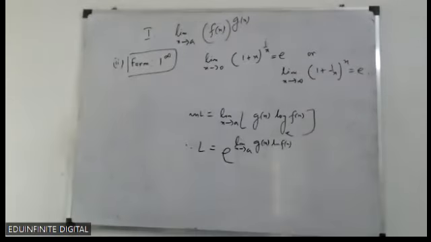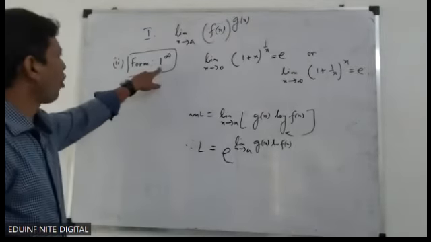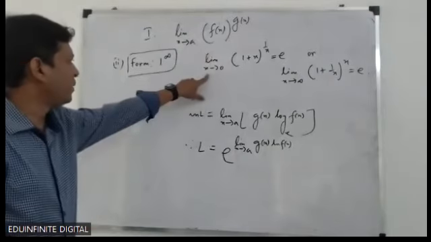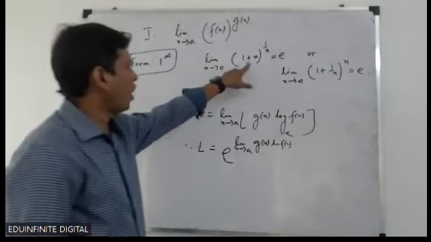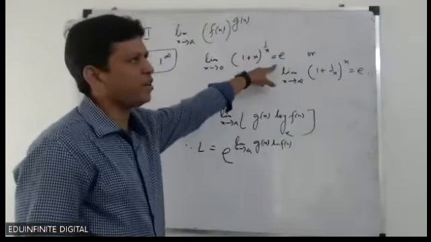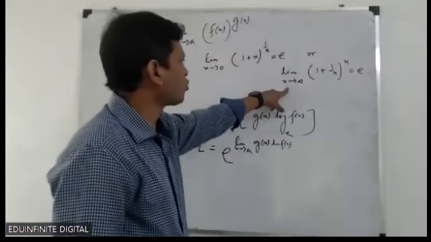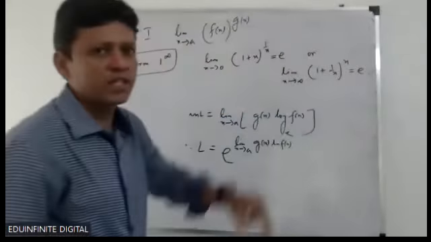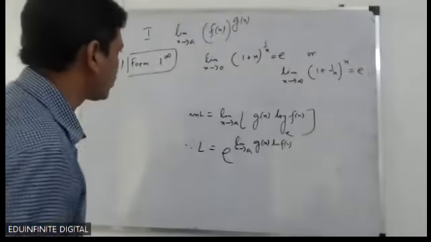These two are standard limits. If your form is 1 to the power infinity, I will use these two: limit x tends to 0, (1 plus x) whole to the power 1 by x is e, or limit x goes to infinity, (1 plus 1 by x) whole to the power x is e.